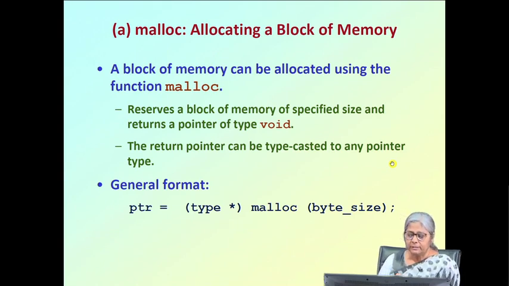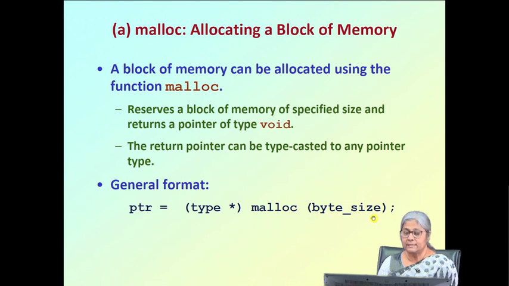So, the general format is: PTR is a pointer, and we do the typecast, PTR = (type *) malloc(byte size). Malloc is a function, and the byte size means how many bytes are being allocated.